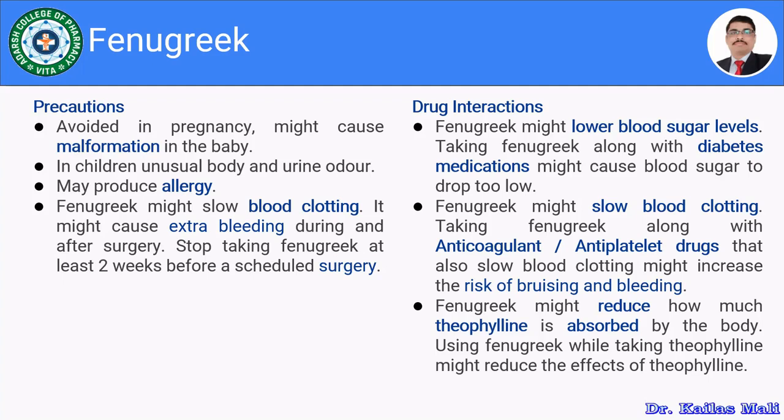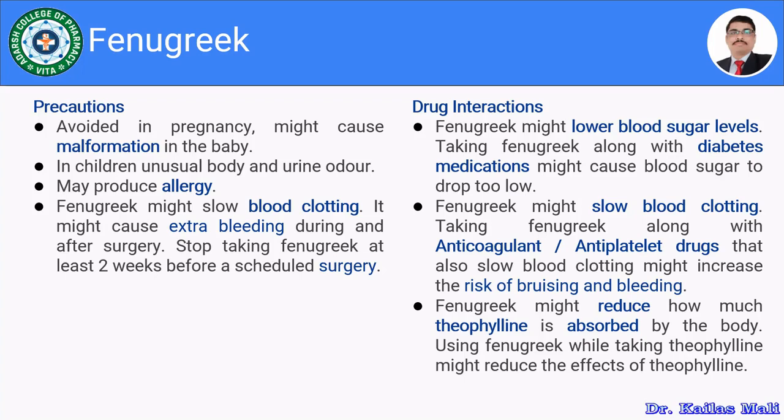So this is the first drug interaction, related with anti-diabetic medications. The second drug interaction is related with fenugreek and anticoagulant or antiplatelet drugs. Anticoagulant drugs prevent coagulation and thin the blood. Similarly, antiplatelet drugs also thin the blood. Anticoagulant drugs like warfarin, and antiplatelet drugs like aspirin and ibuprofen, are going to thin the blood, isn't it?